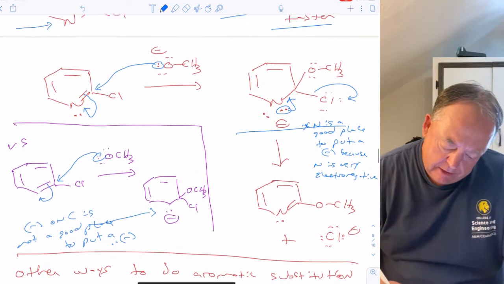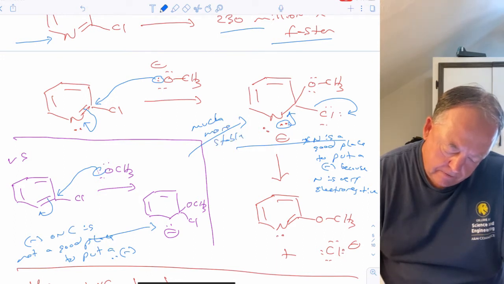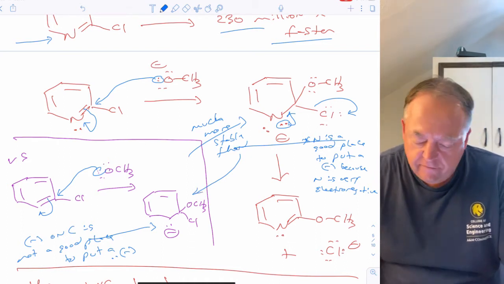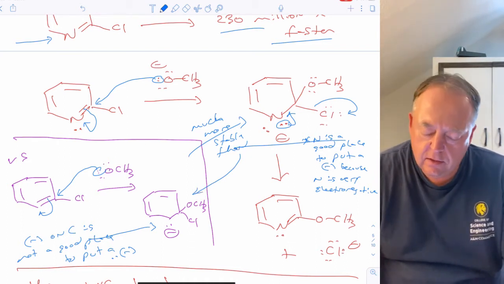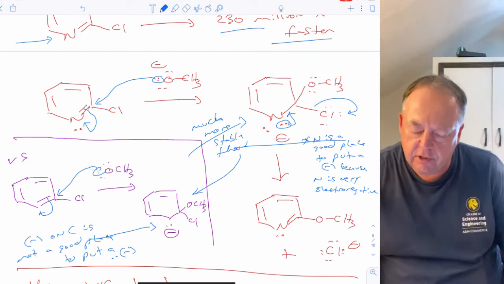So this intermediate is much more stable than that intermediate. So it's more stable, easier to form, activation barrier to form it is much lower, so reaction is much faster kinetically.